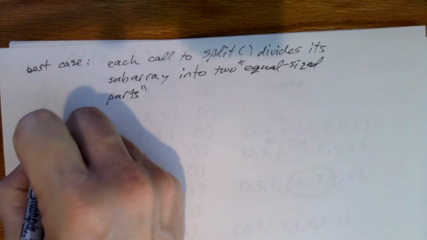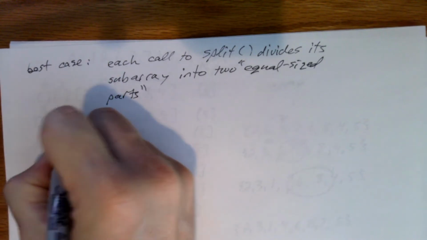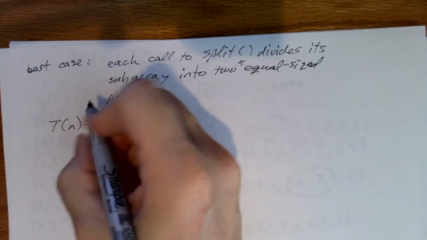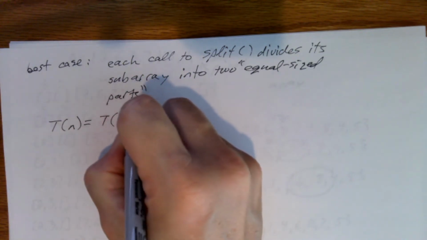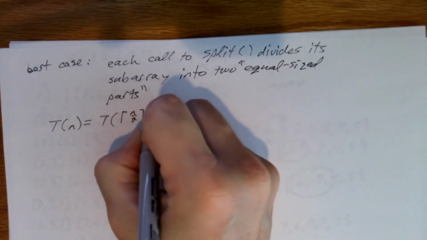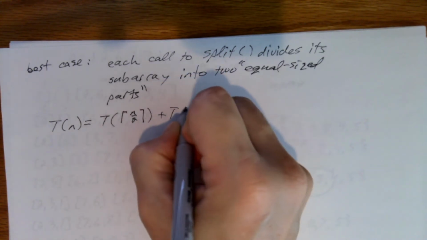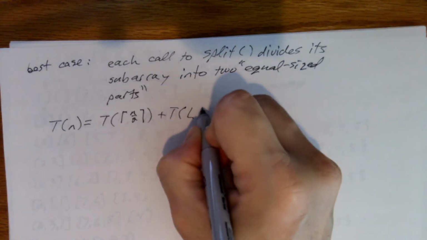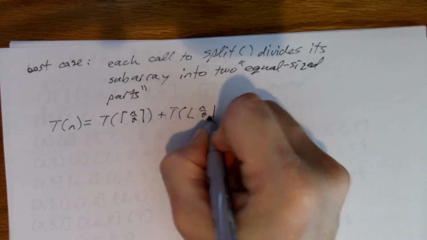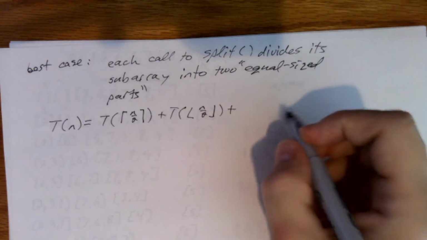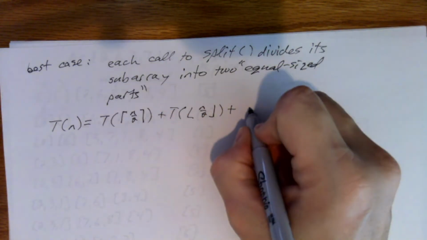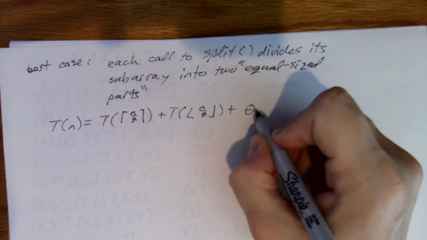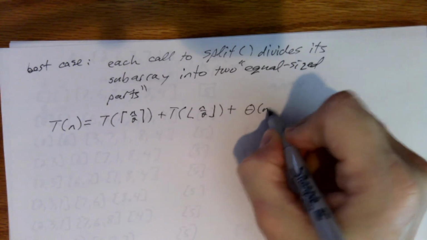So if we look at a recurrence relationship for that, the cost T of n is equal to T of the ceiling of n divided by 2 plus T of the floor of n divided by 2 plus the cost for looking at the n minus 1 elements, which is big theta of n.